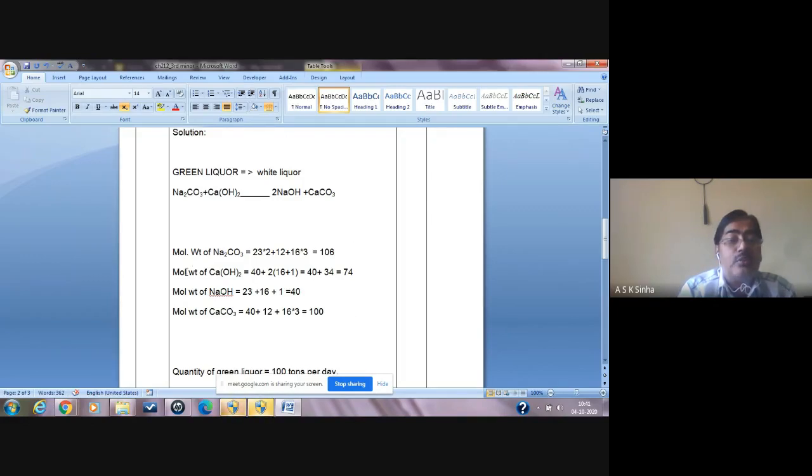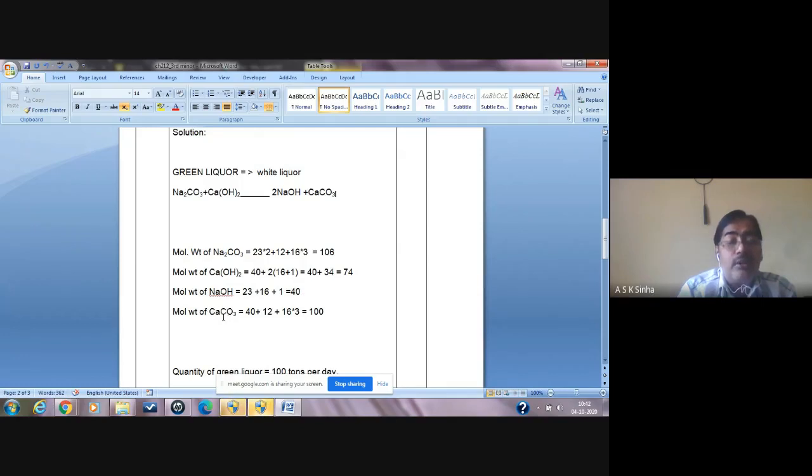We will consider these to be in kgs. The molecular weight of calcium hydroxide is the calcium molecular weight 40 plus 2 into the molecular weight of oxygen 16 plus hydrogen 1, so it is 40 plus 34, which gives 74. The molecular weight of NaOH is sodium 23 plus oxygen 16 plus 1, so 40.